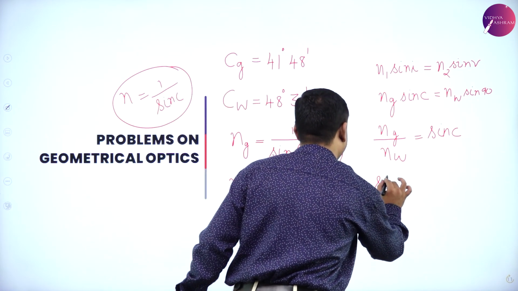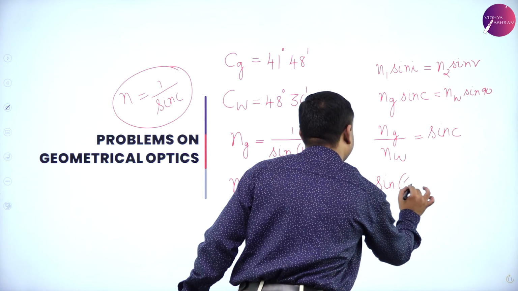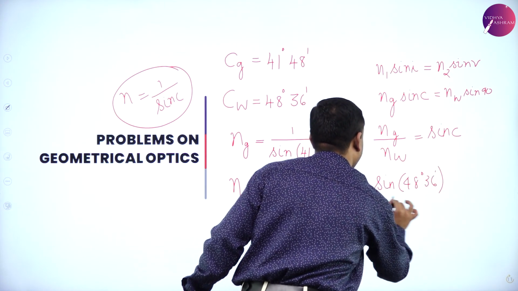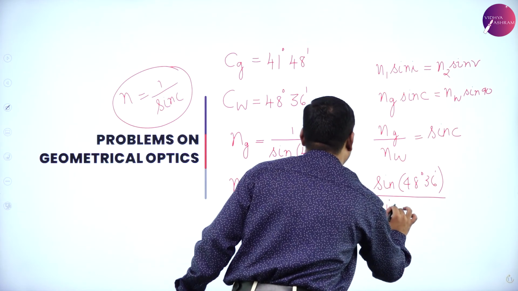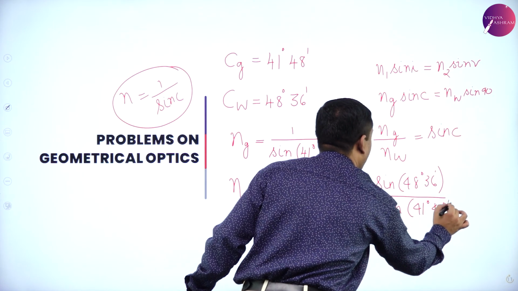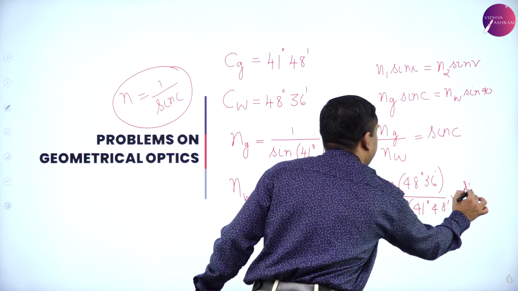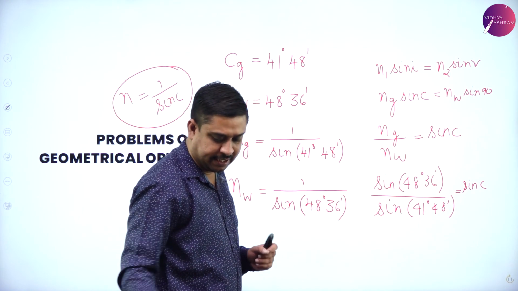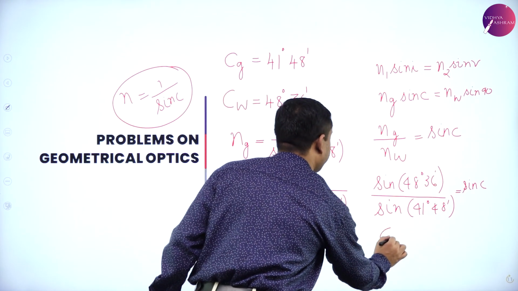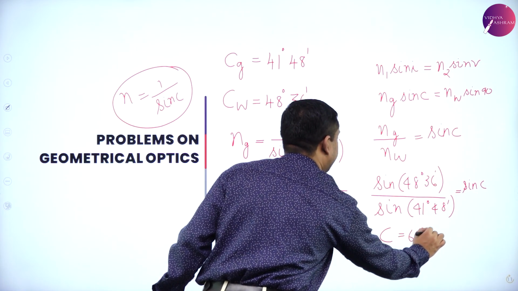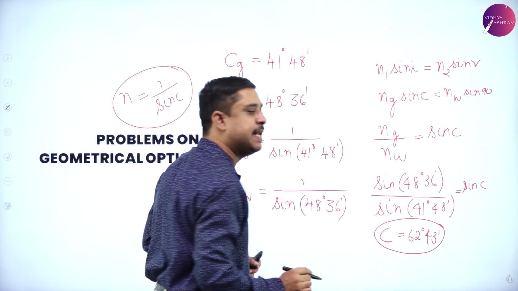So sine 48 degrees 36 minutes divided by sine 41 degrees 48 minutes is sine C. And finally, when we simplify, C is 62 degrees 43 minutes.